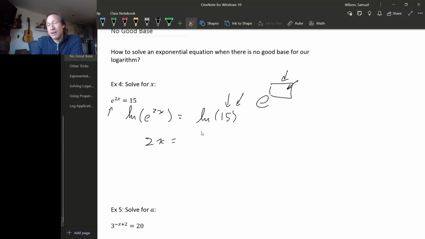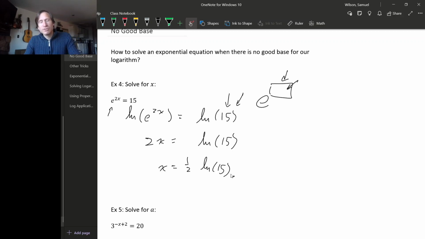So even though it's not a nice number, it is just a number, and we can leave it, for now, just as natural log 15, and then later, if we want a decimal approximation, we can just punch it into a calculator. So now finish solving for x, divide both sides by 2, and we get x equals 1/2 natural log 15.